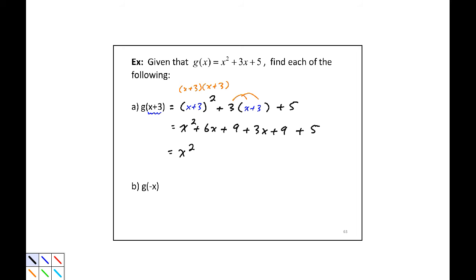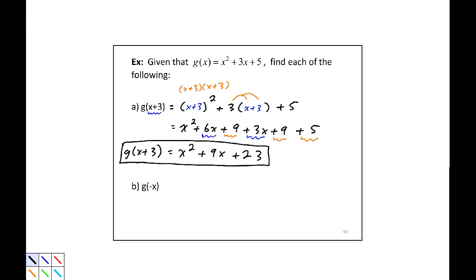Combining like terms, we have x squared, plus 9x, and we can combine 9, 9, and 5. So that's 23. So if our input is x plus 3, then our output is x squared plus 9x plus 23.